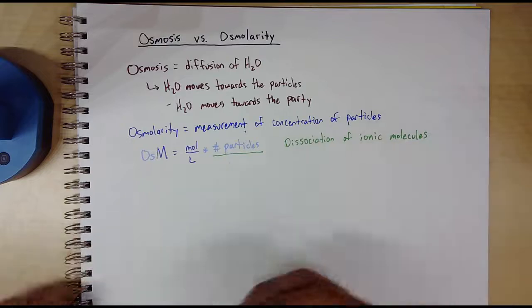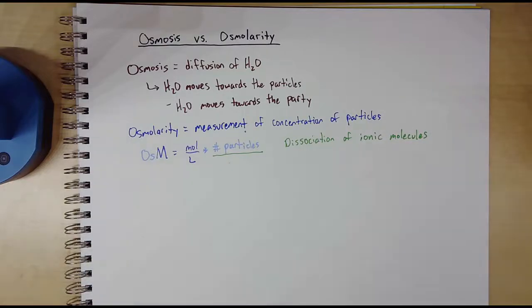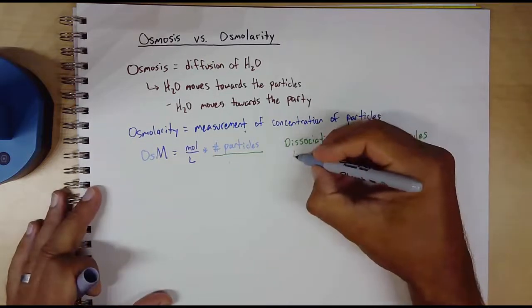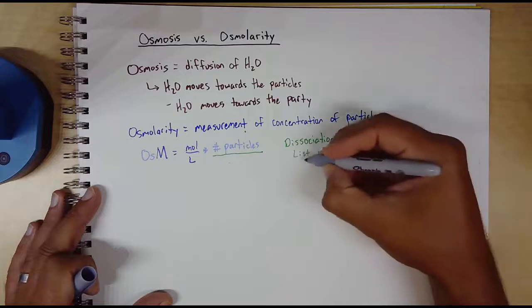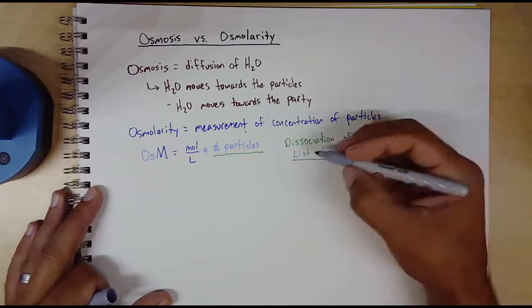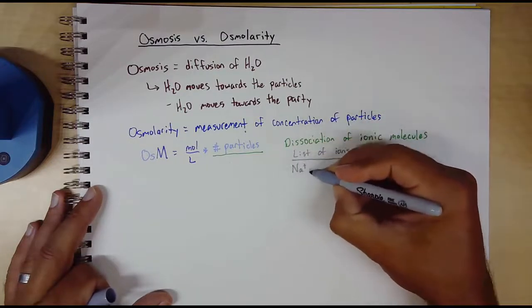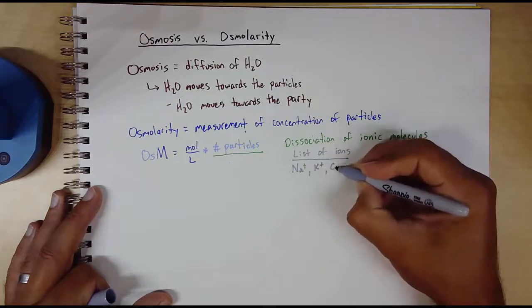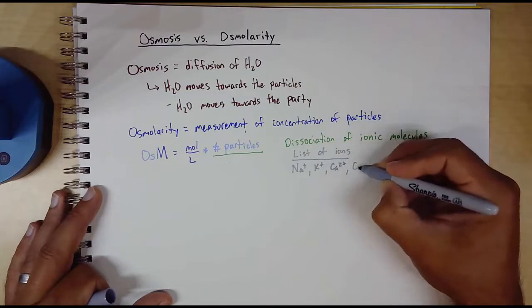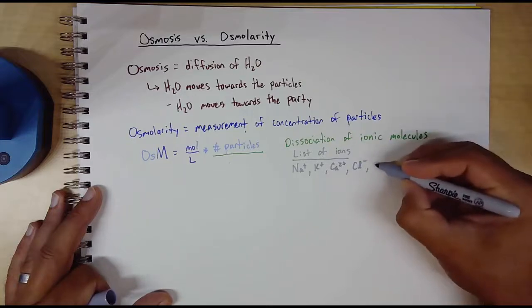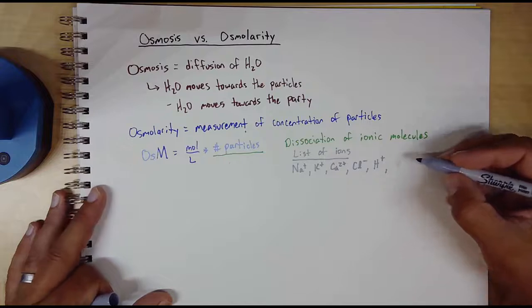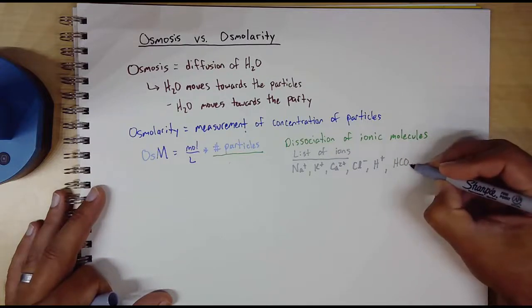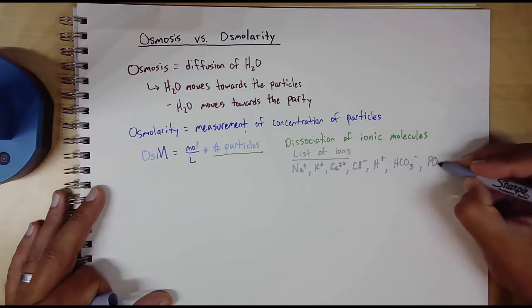In order to be able to figure this out, let's just remind ourselves real quick. We're going to write down a list of important ions. All right? Sodium, potassium, calcium, chloride, hydrogen, and then some other ones like bicarbonate and phosphate.